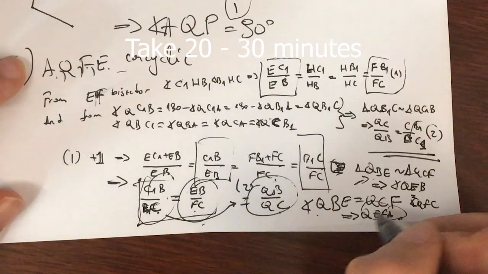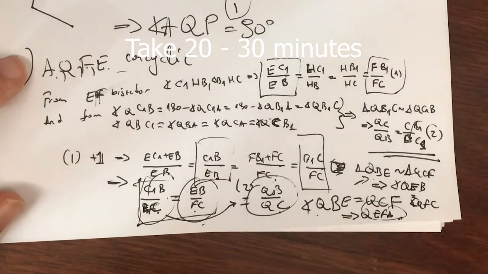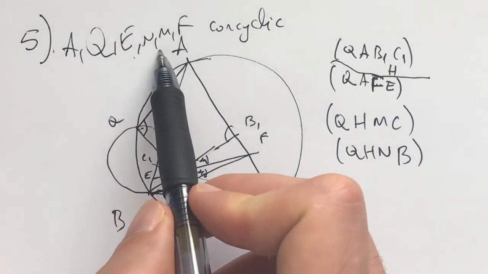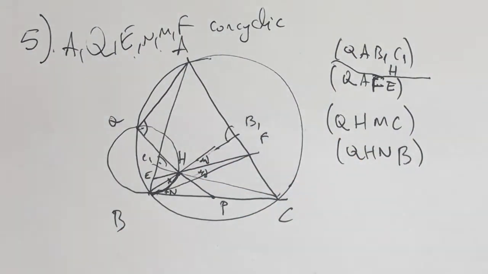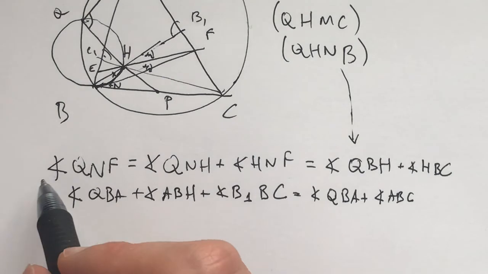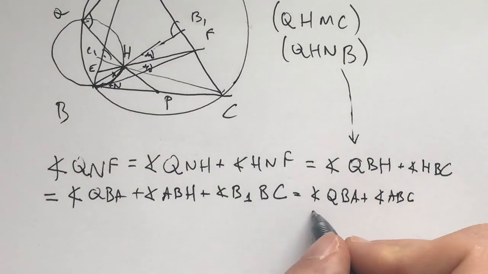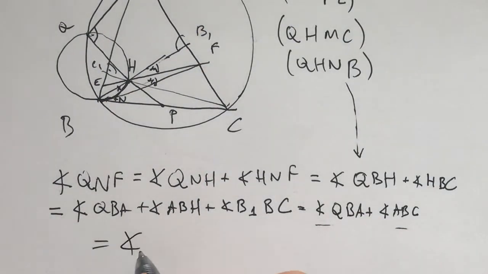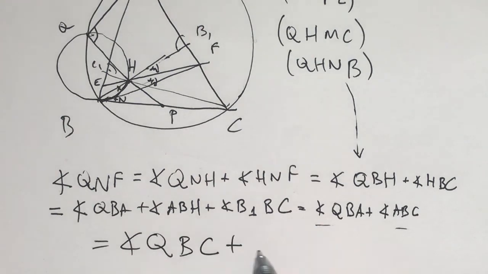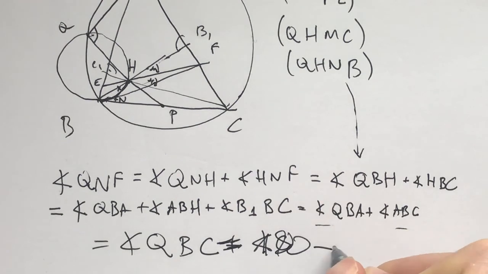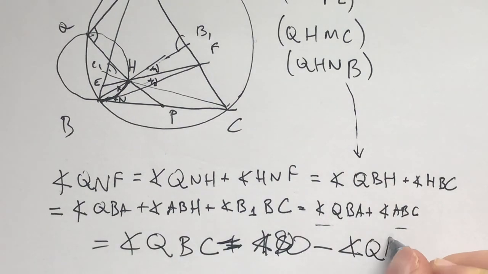And now with this, I invite you to take another 20 to 30 minutes and try to figure out the next step. Here's the next step in the solution. The final step is that A, Q, E, N, and F are all concyclic, meaning they all lie on the same circle. The way we prove this is we have angle QNF equal to angle QNH plus this, which is equal to QBA plus ABC, which is equal to the angle QBC, which is equal to 180 minus the angle QAC.